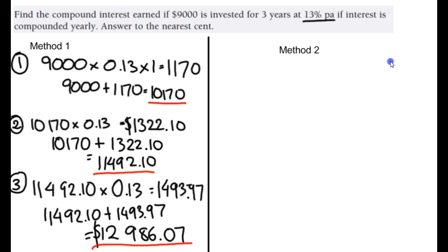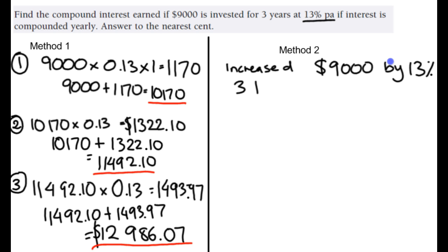What I've done in this one here is I've increased $9,000 by 13% 3 times. Now, increasing a number by a percentage can also be written as 113%.